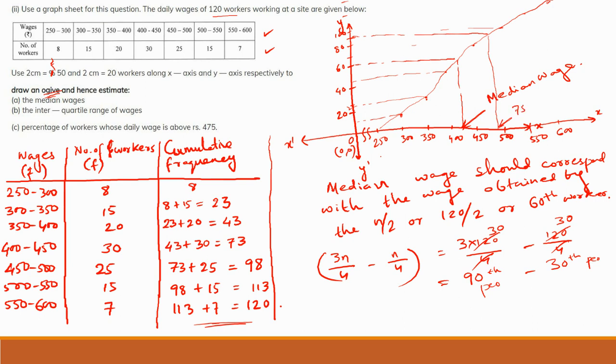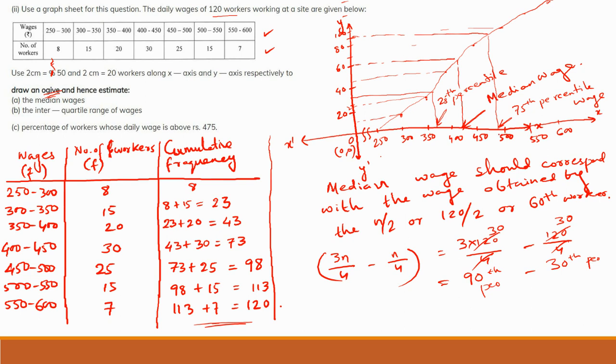This is the 75th percentile wage. And the 30th worker, which is this, is the 25th percentile wage.